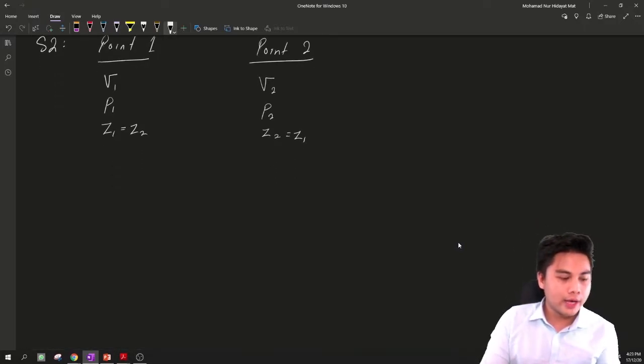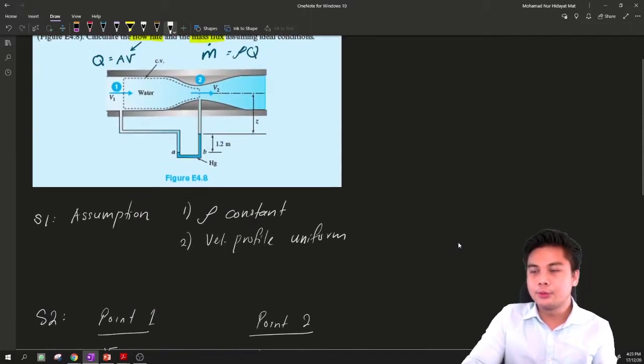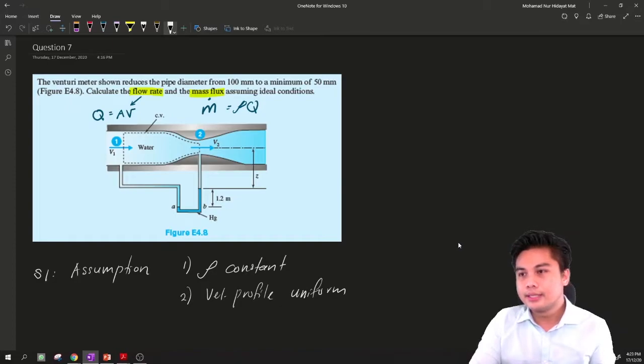So after we have listed this out, alright, we need to analyze. This is water flow in the venturi meter. So the flow is initially at a constant cross-sectional area and eventually reduces in area.